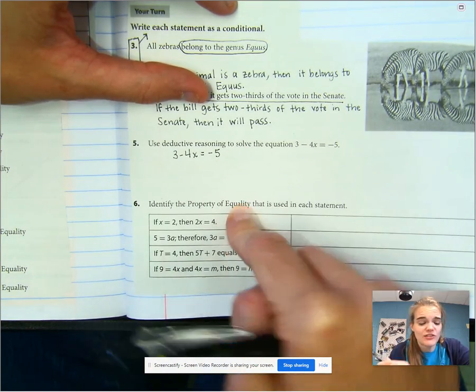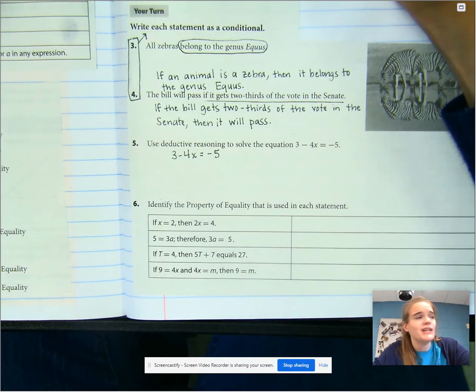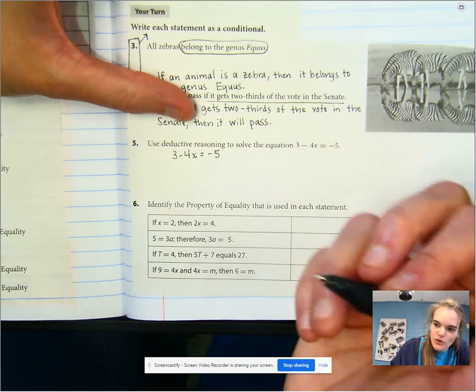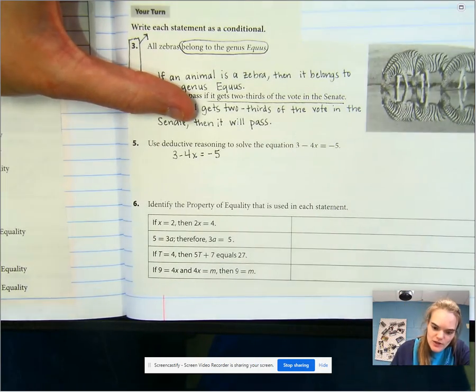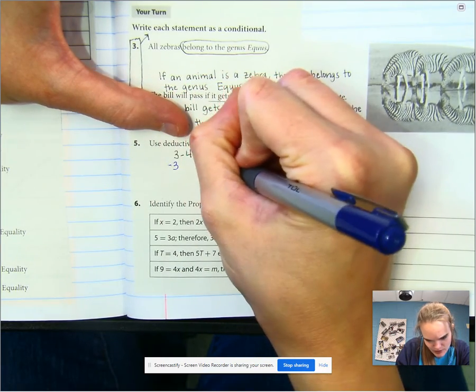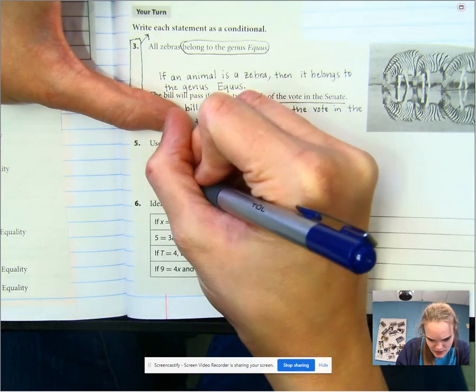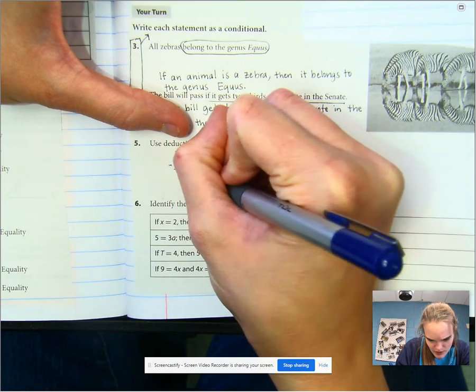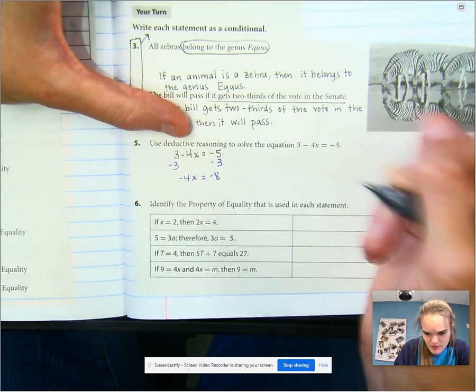You do need to have the steps more than you would really need them before because you have to explain what's going on. So the first thing I would do to solve this equation is subtract 3 from both sides, which gives me negative 4x equals negative 8.